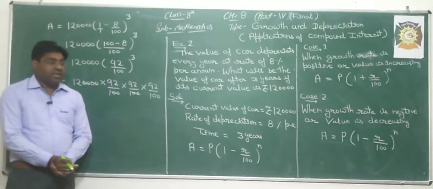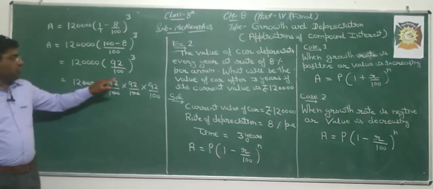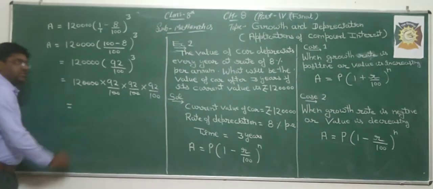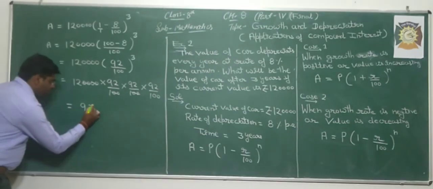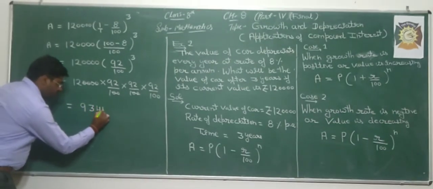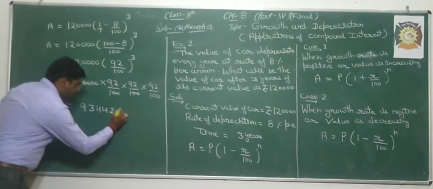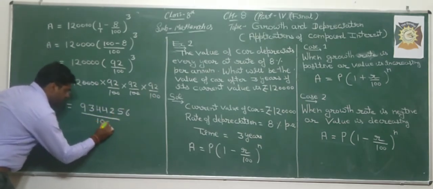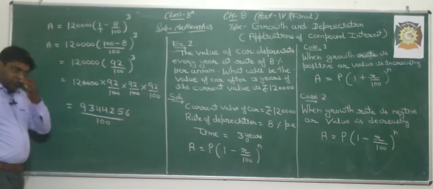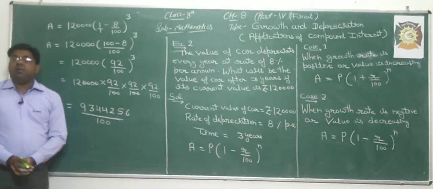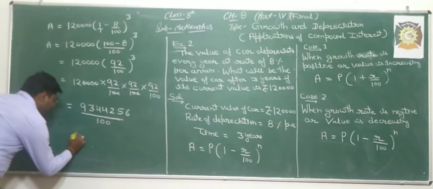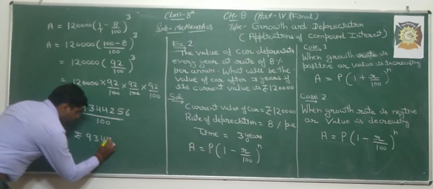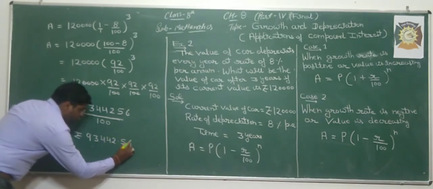Now what is the next step? Now we have to multiply 12 by 92, then by 92, and then by 92. When we multiply all these, we get 93,44256, and here it is divided by 100. Because it has two zeros, we put the decimal by counting two digits from the last. Then it becomes, so what can we say?